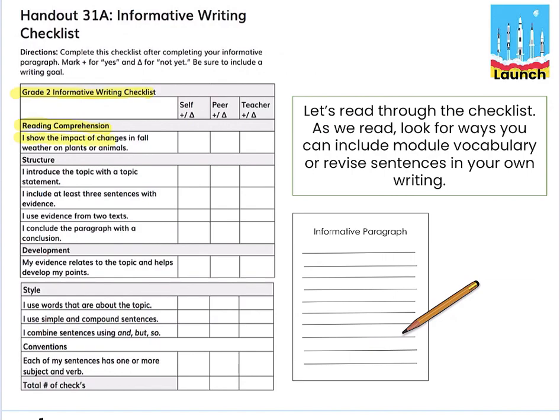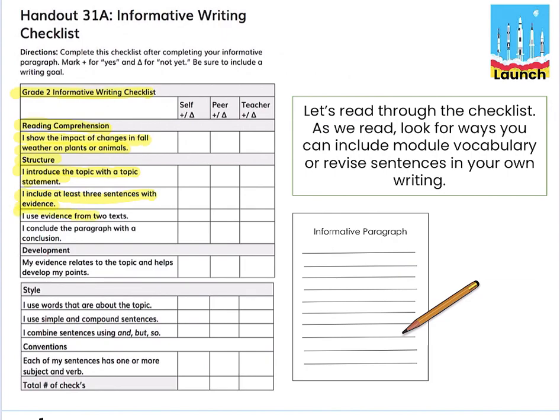I show the impact of changes in fall weather on plants or animals. Structure. I introduce the topic with a topic statement. Make sure we're answering the question. I include at least 3 sentences with evidence. We want 3 sentences at the least.